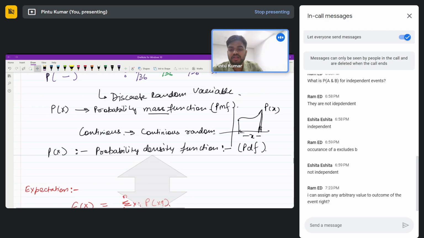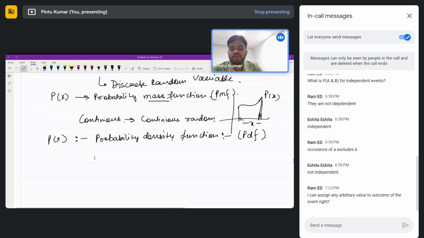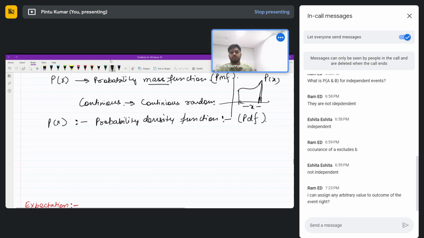The next thing that comes here is something known as the CDF of a random variable. This is the cumulative distribution function. So what is CDF?